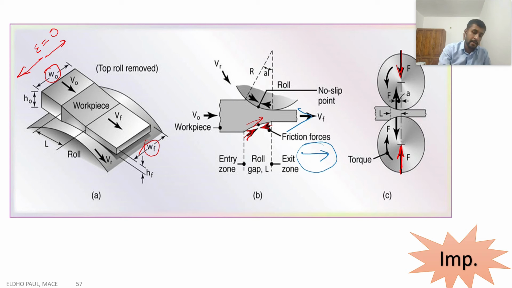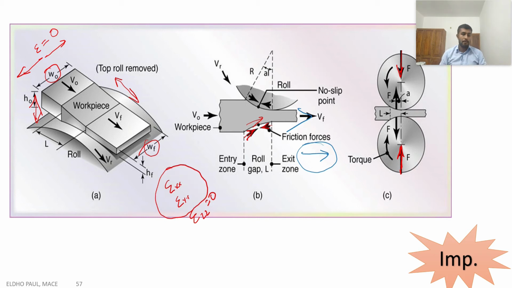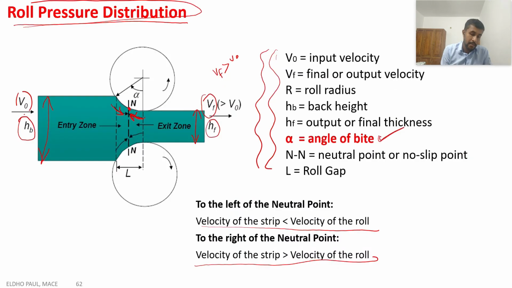We can see strain only in this direction and in this direction. So the strains epsilon xx and epsilon yy exist, but epsilon z is equal to 0, so we can consider this rolling process as a plane strain problem.